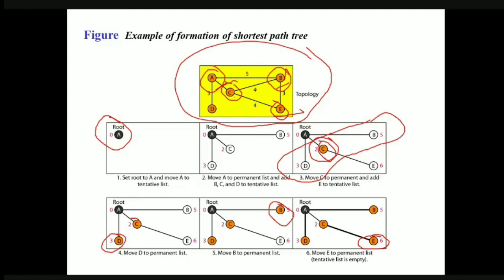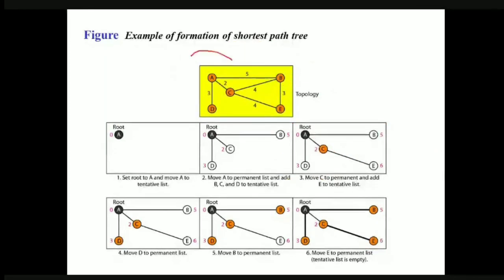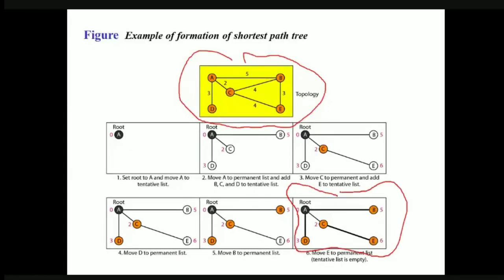If you observe here, this is the original topology. Now when you come here, this is the shortest path from A to every other node. Have you found the difference here?